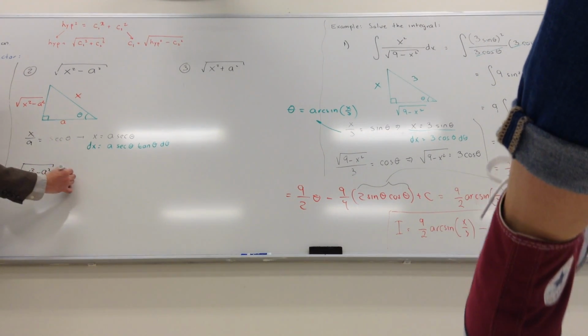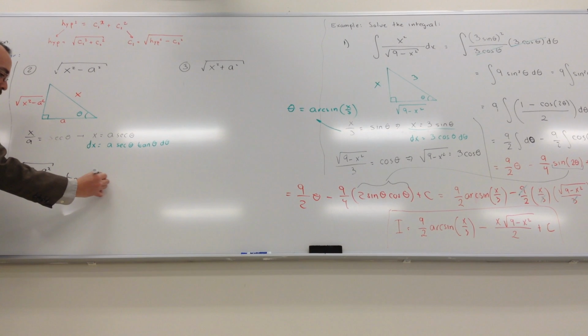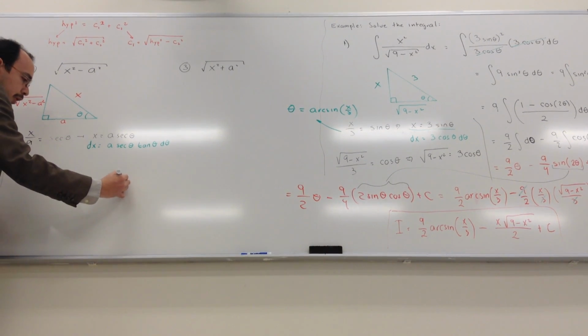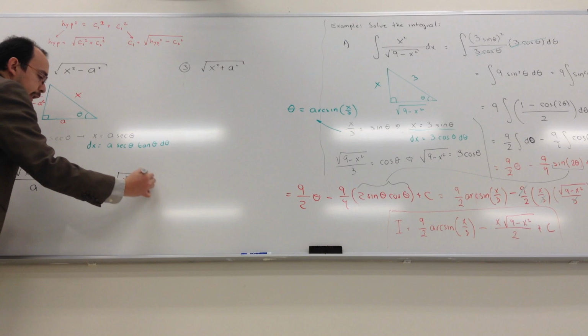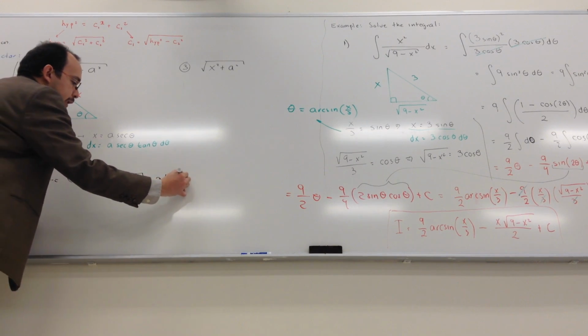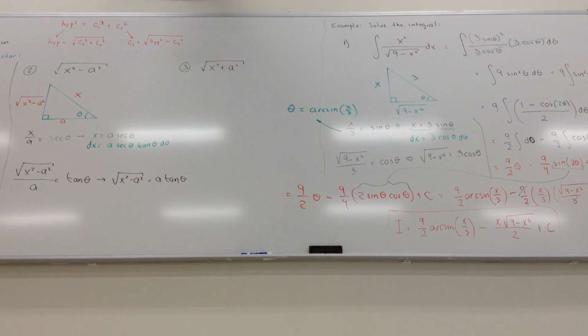Tangent. And the whole square root is a tangent. Do you understand that? You could memorize all of this if you want to, but the idea is to reason. It's not complicated at all.